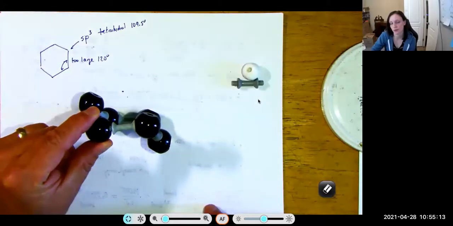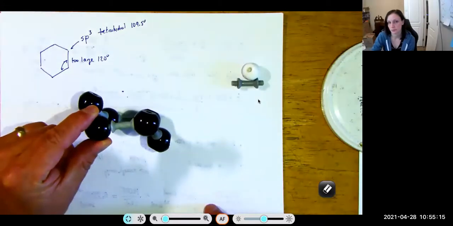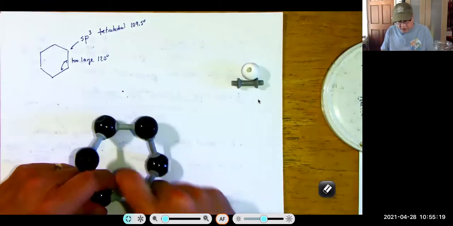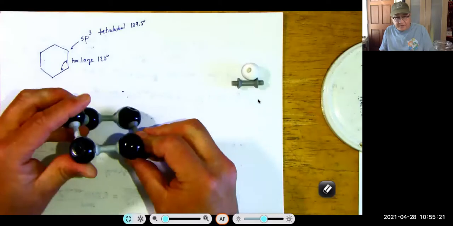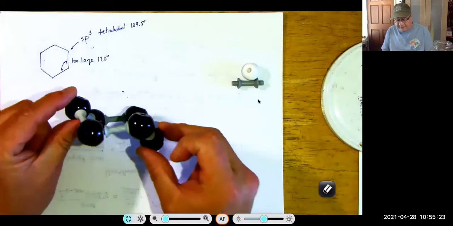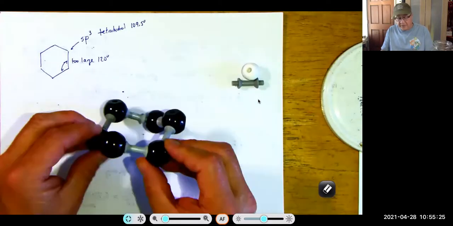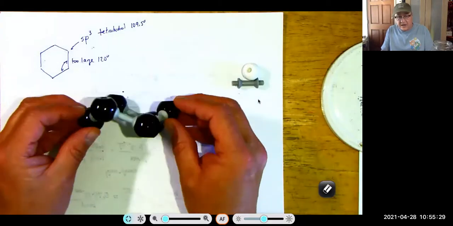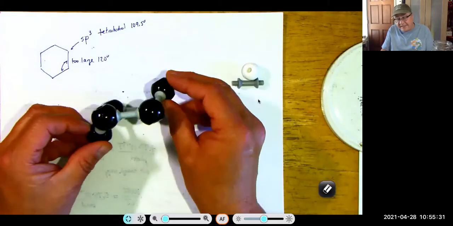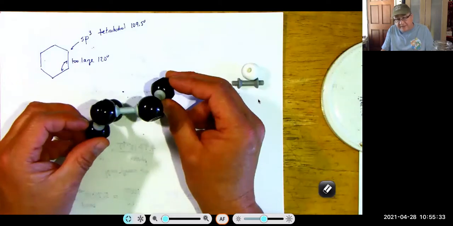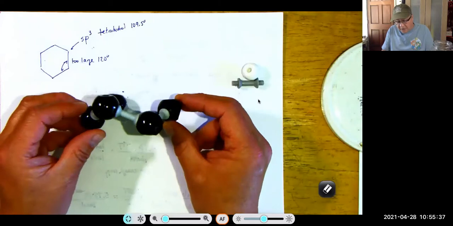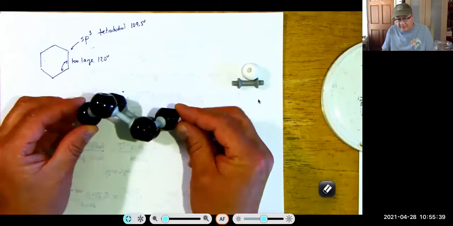So we drew that yesterday, right? The way I learned to draw it is looking at it from this side here or from this side here, it doesn't matter. But also, if we're looking at the side of the chair, I don't have the seat of the chair flat. I have the seat of the chair inclined, so that this carbon and this carbon are about at the same height, roughly.